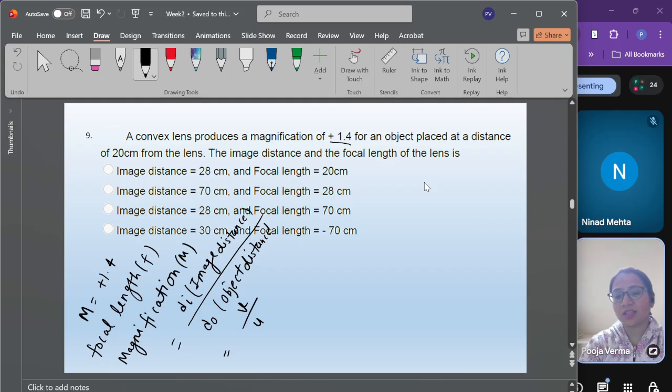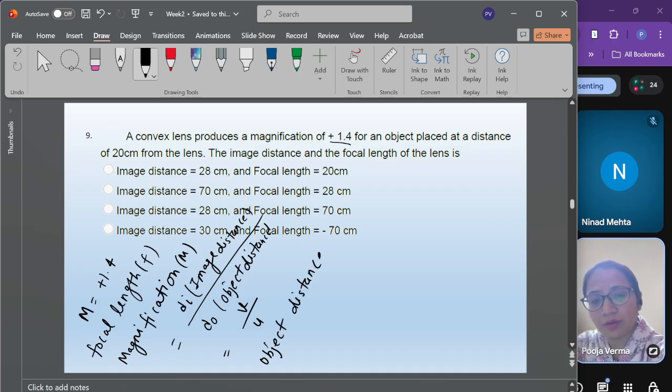So here the object distance u is given, that is du is given, right? Can any one of you tell me, I can say that is 20 centimeter. So why will we take the negative sign? Here it is given, a convex lens produces a magnification of plus 1.4 for an object placed at a distance of 20 centimeter from the lens.